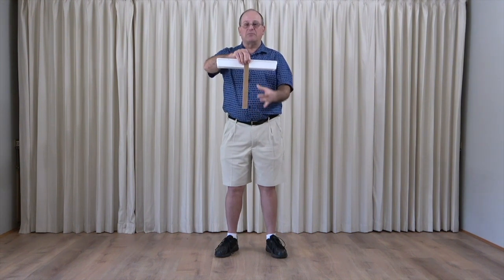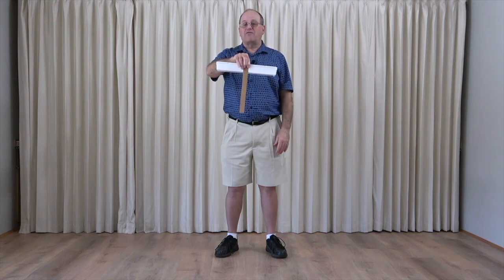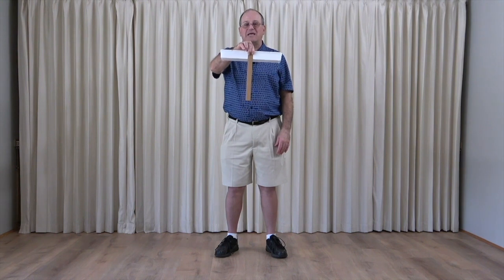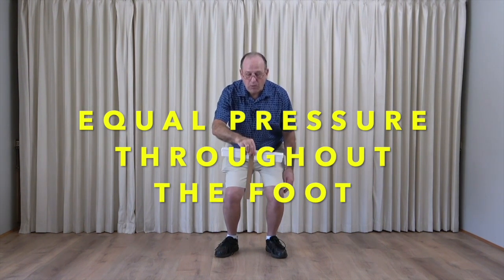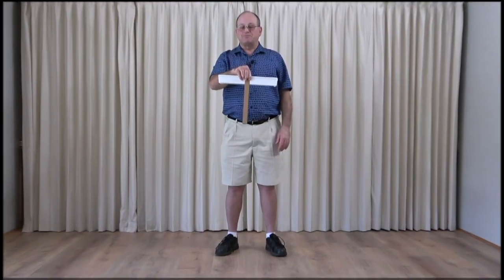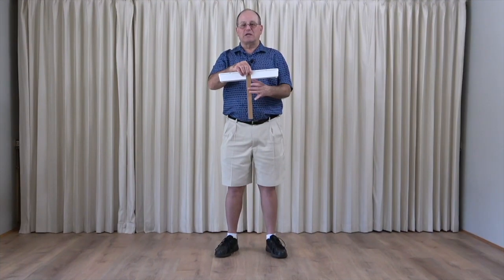So where did the pressure need to be to be able to do that? To be able to stand up and not fall back in the chair? To be able to sit down and not fall back in the chair? The pressure needed to be here in the center. So when you came down or when you came up, your body stayed where you wanted it to be.